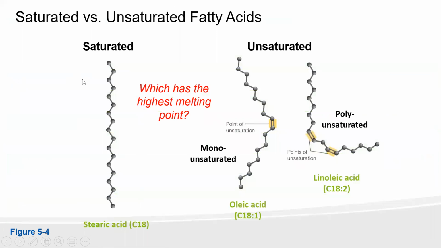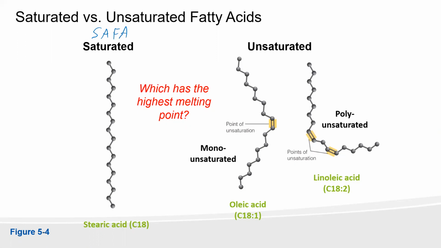This is a much more basic, cartoony structure of the saturated versus unsaturated. And the unsaturated, sometimes we classify even further. By the way, there are acronyms for these, which are in the notes somewhere.